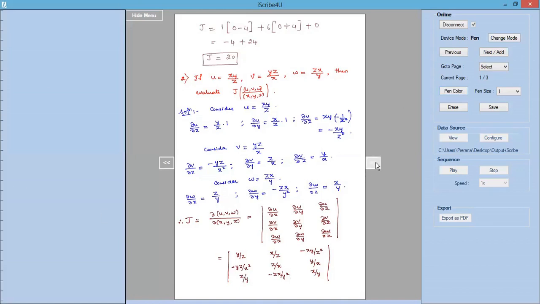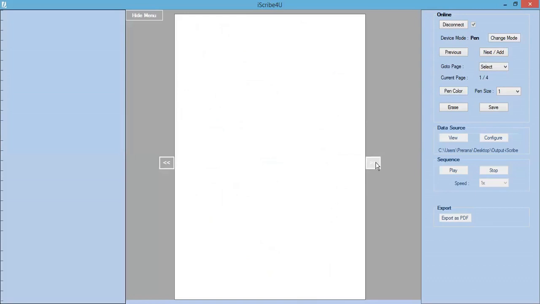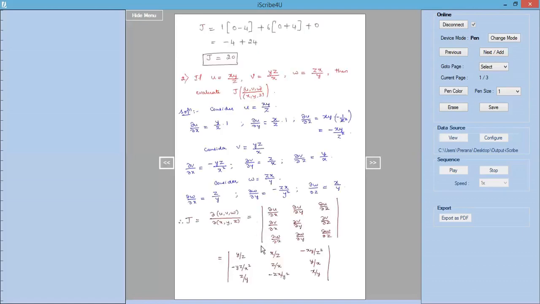So following the same steps, Jacobian J is equal to 1 divided by x square, y square, z square common. And now under 3 cross 3 determinant, first row we should multiply by z for the first and second term.